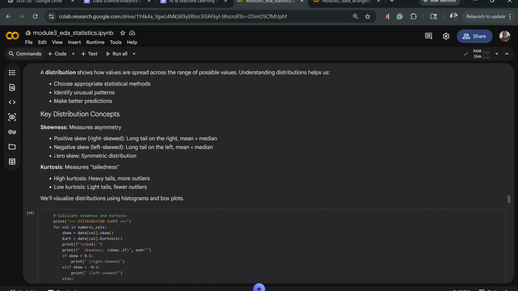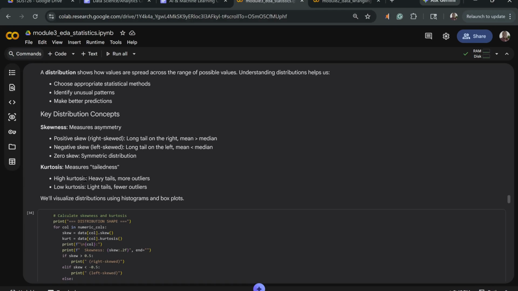What if we have zero skew? That means the distribution is symmetric and we call it a normal distribution. Also, we have kurtosis. Kurtosis measures tailedness. When you have a skew in your data, you have a tail, and kurtosis tells you how long or short the tail is.